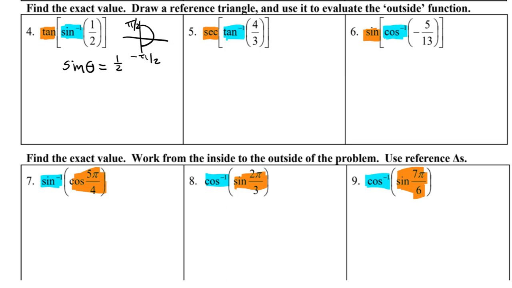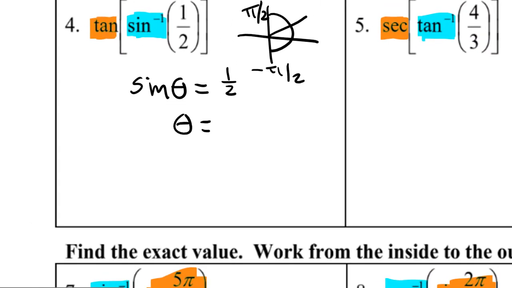Well, the sine value is the y value, it's positive, so I know that's going to be in quadrant number 1. So theta, my angle, is going to be, and this is where you've got to have the unit circle memorized. But if you forget that, you can always draw that reference triangle. I always draw them like this.